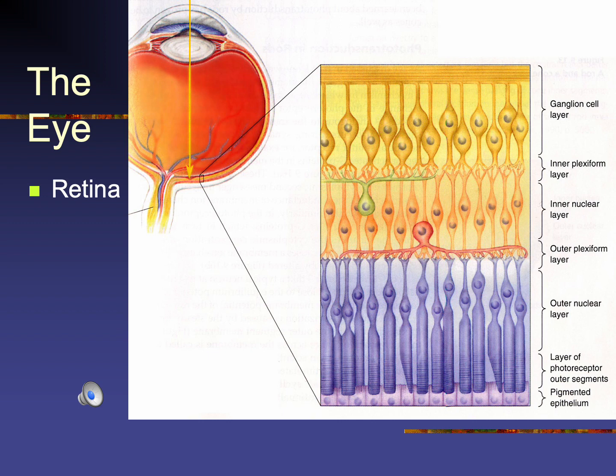But unfortunately, these upper levels will diffuse the light. And so some of the blurring and misperception occurs because light is displaced and diffracted by having to go through these layers up top to finally get to the receptors.